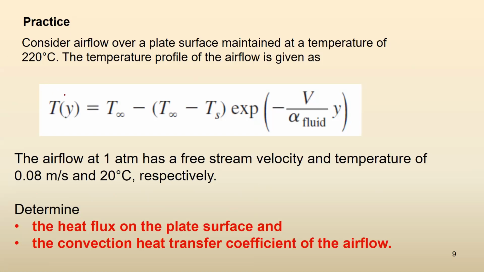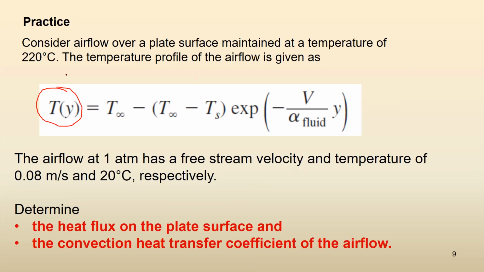T infinity, so this is the temperature with respect to y, the temperature at each y position. This, by the way, is about a temperature profile at a certain location. So this equation just gives you the temperature profile at a certain location, not at each location, because it's just a function of y, you see?